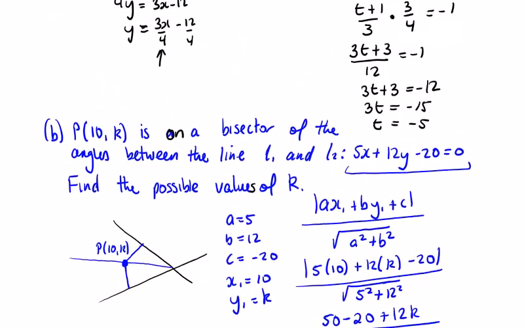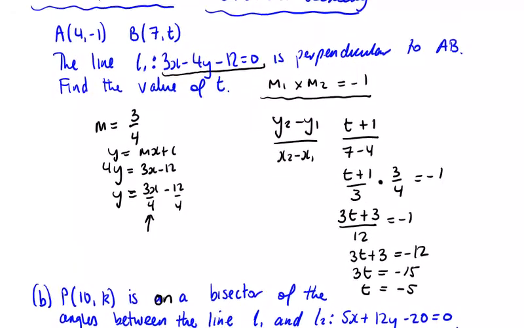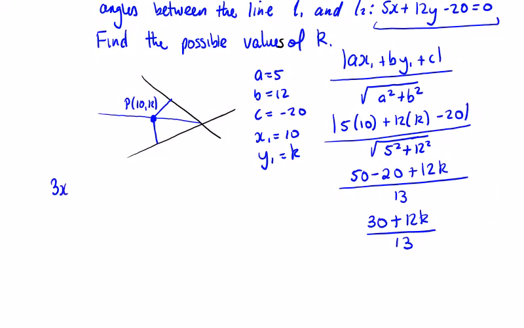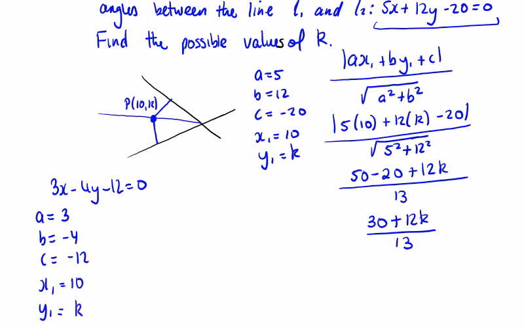So just come across, what was that line? We had 3x - 4y - 12 = 0. I think it's good maths to write your a, b, and c down. You don't have to, you can take it straight from the equation, but it does eliminate the possibility of error. And x1 again is 10 and y1 is k.